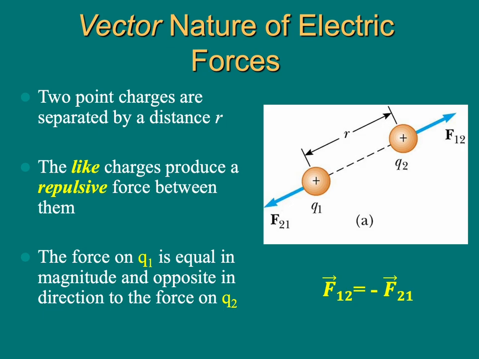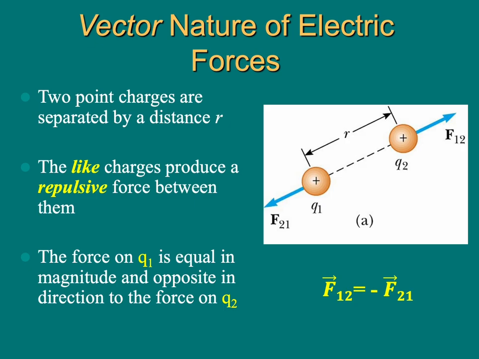If those two particles have like charges, then the force is directed away from the other charge. The force from Q2 on Q1 and the force from Q1 on Q2, we can also go back to what we learned in Physics 1 about Newton's third law of motion.